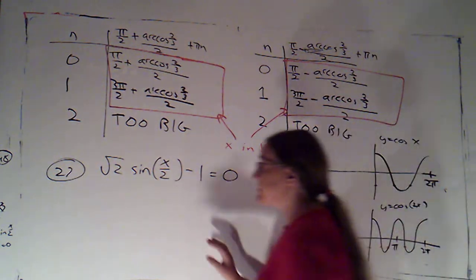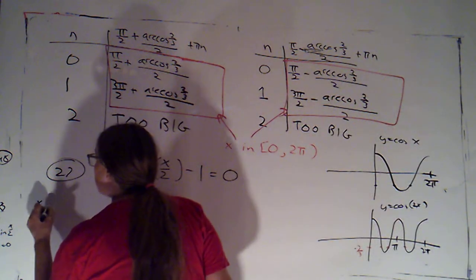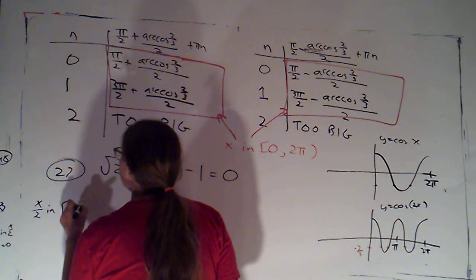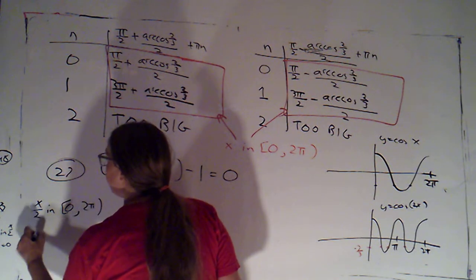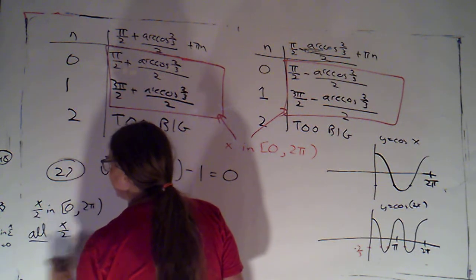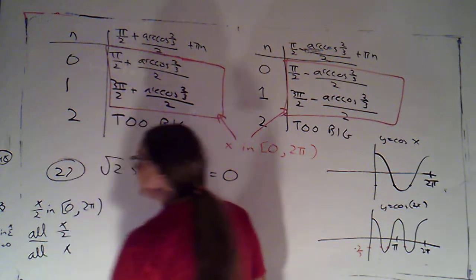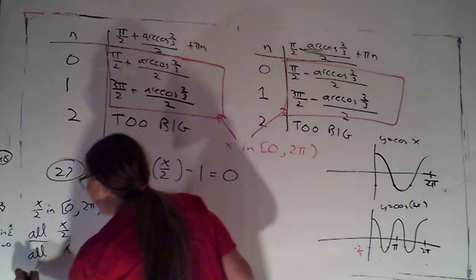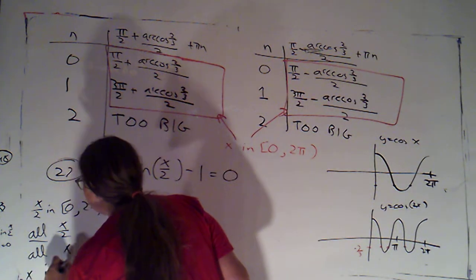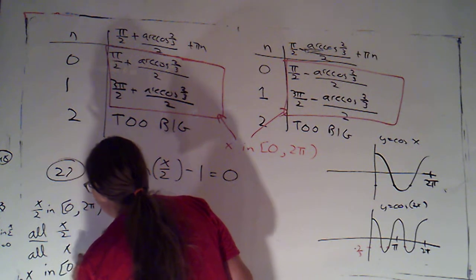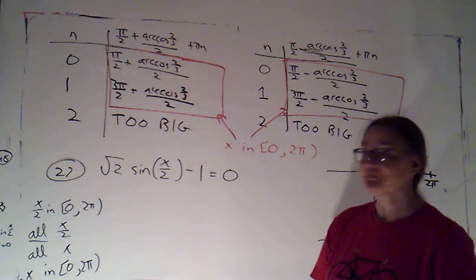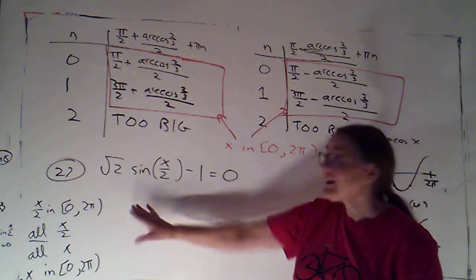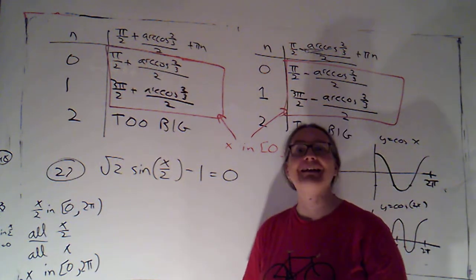You're going to first find x over 2 in one period of sine, then find all x over 2, then find all x, and then find x in the interval from 0 to 2 pi. Okay, so go ahead and do that. We'll go over that one together in the next video.